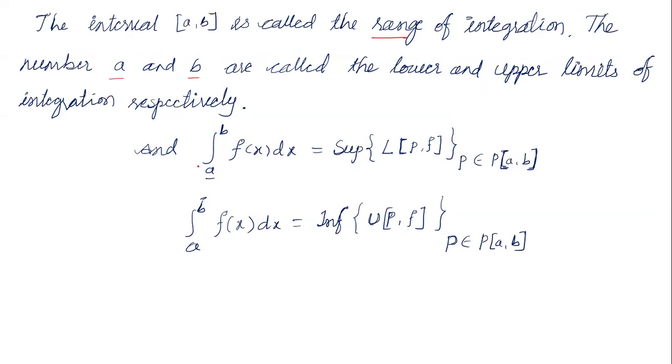And lower Darboux integral of f(x) dx is equal to supremum of lower Darboux sum. Here P is a partition, partition P belongs to the set of partitions of closed interval [a, b].